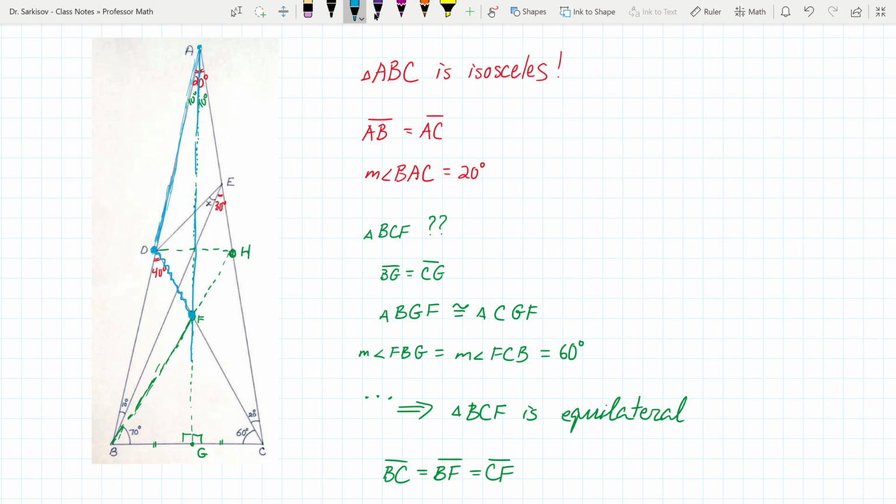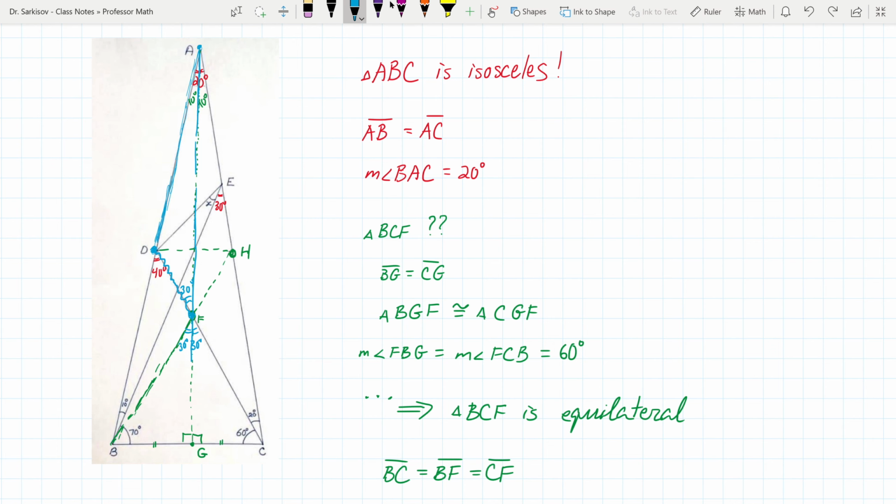By the way, this is going to be 30, because it's dividing that 60 into two pieces, and this is also 30, vertical angles. So this is 30, and you see I have this 10, 30, and that's going to be a 140 degree triangle. 10, 30, and 140 left.